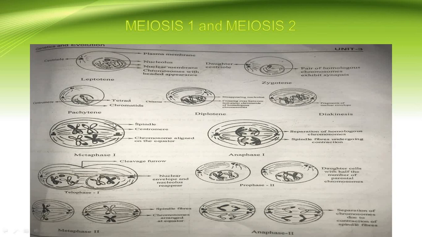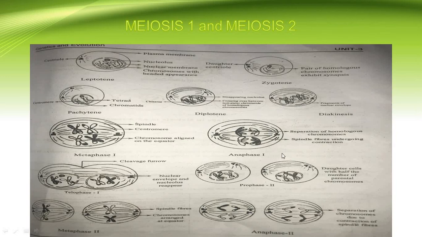Spindle formation will take place. The centromere is the joining of the chromatids at a point. This point will help in the formation of the tetrads. Chromosomes are aligning at the equator, at the center, in metaphase 1.